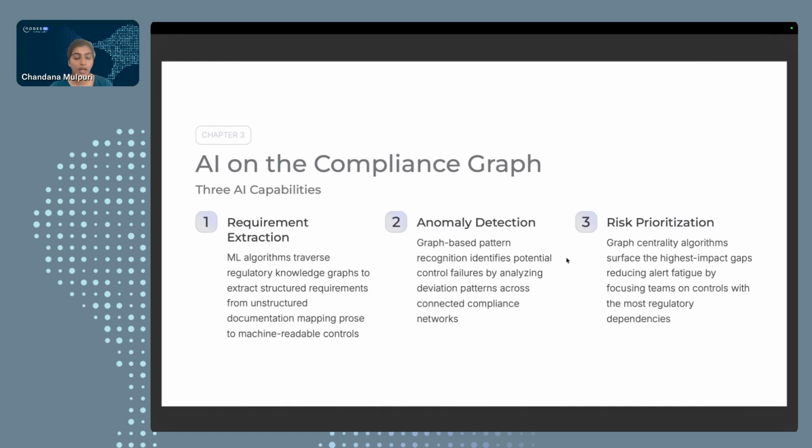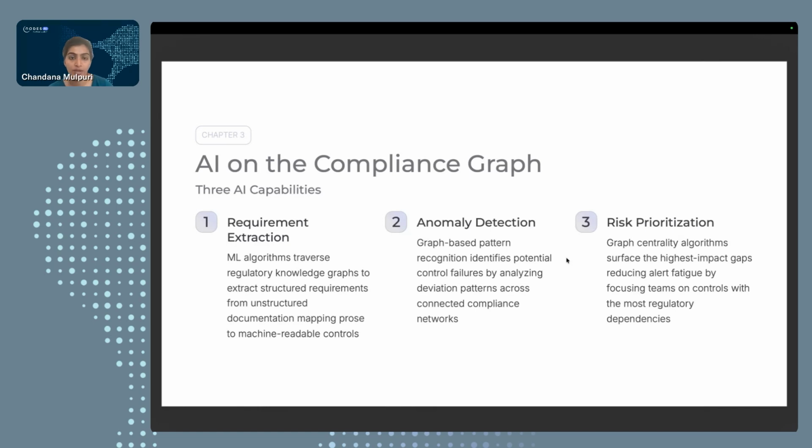So let's talk about AI on the compliance graph. There are three AI capabilities that I want to talk about here. The first is requirement extraction, where machine learning algorithms traverse regulatory knowledge graphs to extract structured requirements from unstructured documentation, mapping to machine-readable controls.